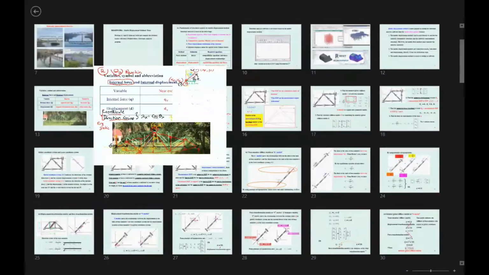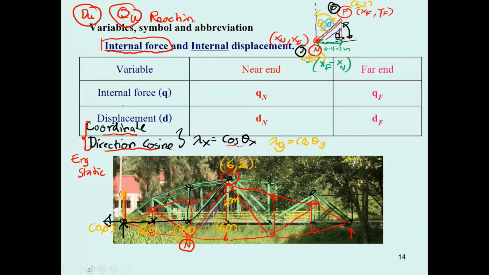And also, when you go to this one, the length over here will be what? It will be 2 minus 0, which is 2 meters. And this is going to be y sub f minus y sub n.